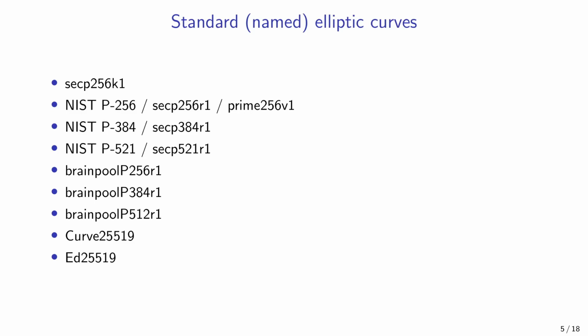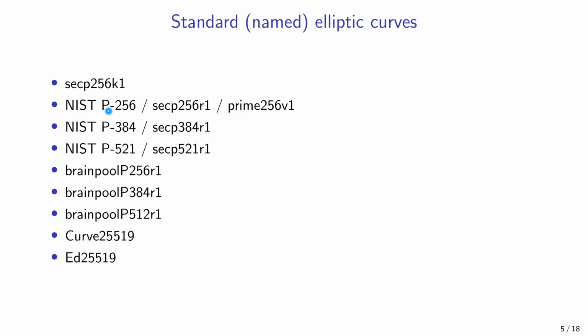While there are several standard curves with the same size, they have slightly different properties. For example, this 256-bit curve secp256k1, which is used in Bitcoin, has a special structure, and therefore an optimized implementation can provide up to 30% speedup compared to this NIST 256-bit curve.